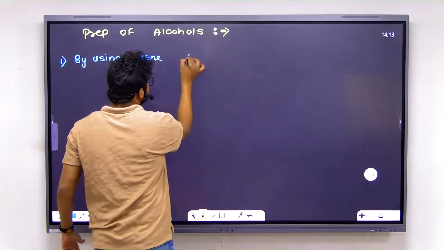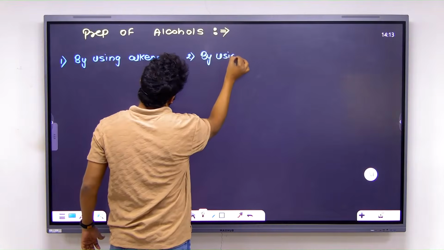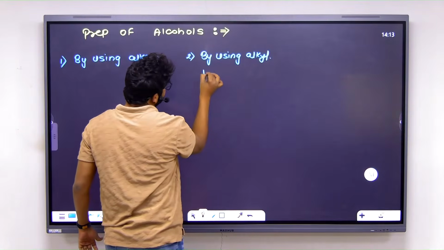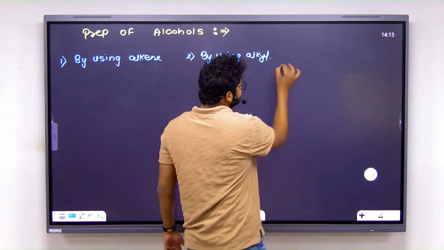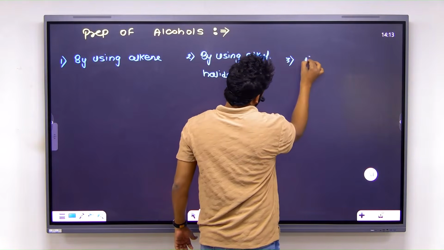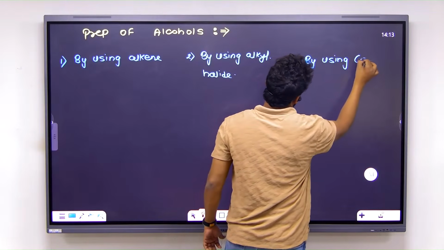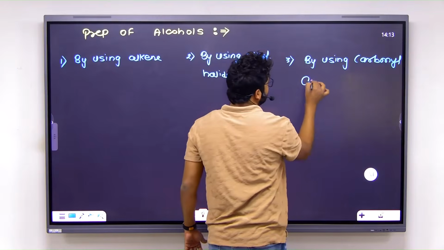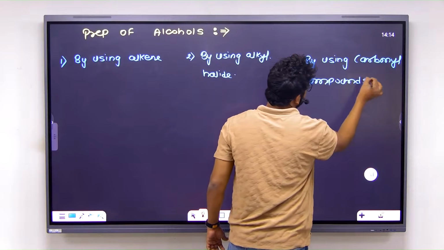Second source is by using alkyl halide. And the third source is by using carbonyl compounds. What are they? Carbonyl compounds.